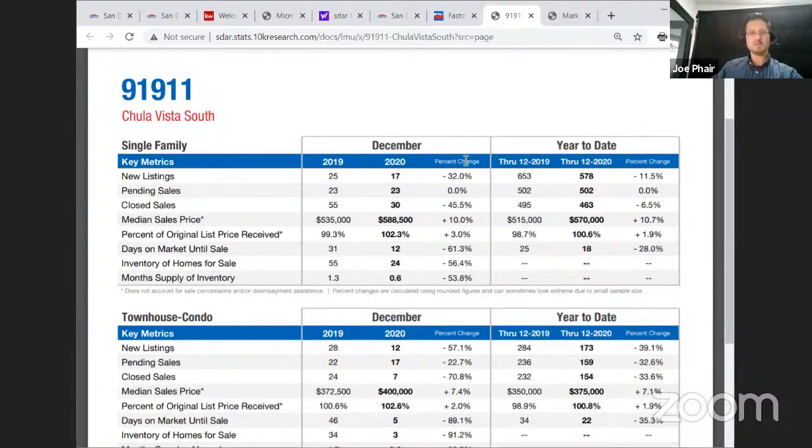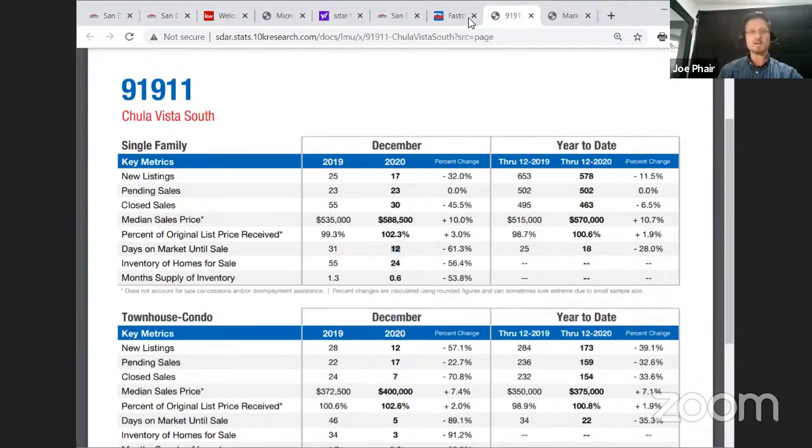What's going on there? Well, the values went up 10%. Inventory is down 32%. Days on market until sale is down 61%. Last year in 2019, it took 31 days on average for a home to get under contract. December of this year, the following December, it took 12 days. That's a huge change.